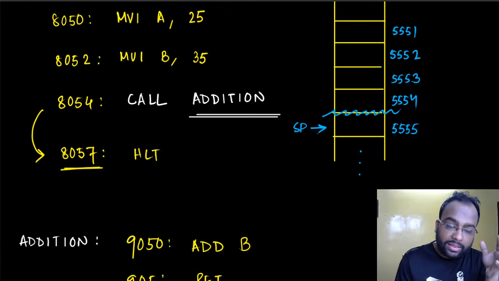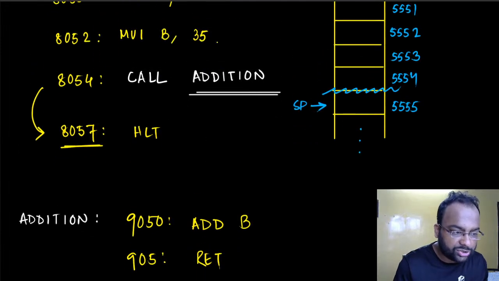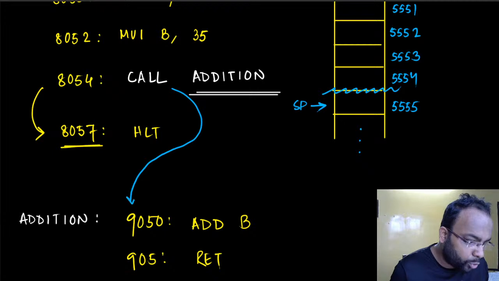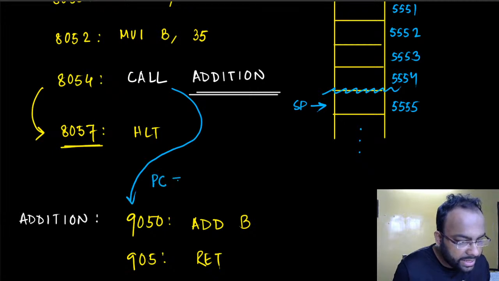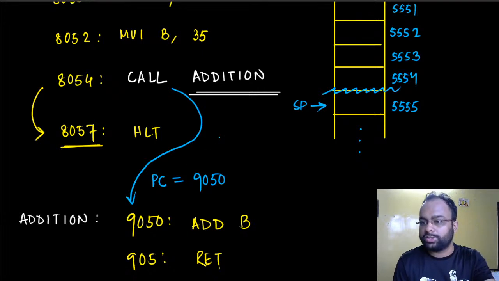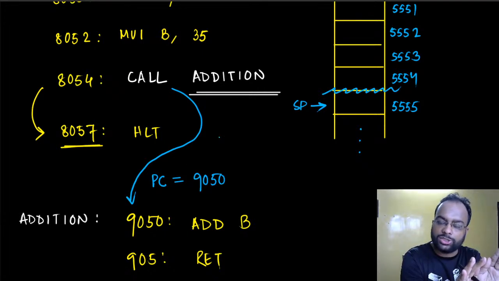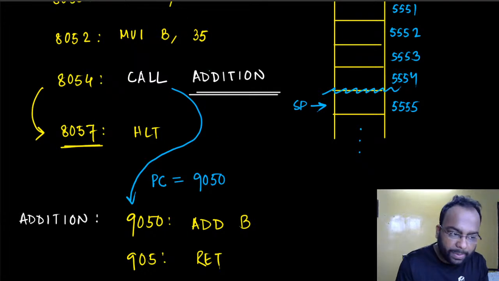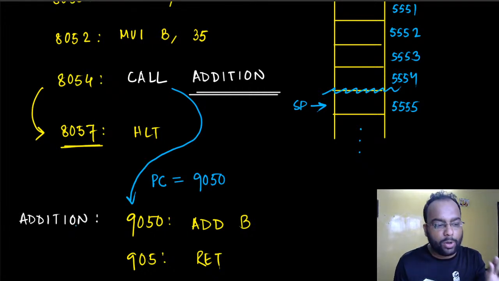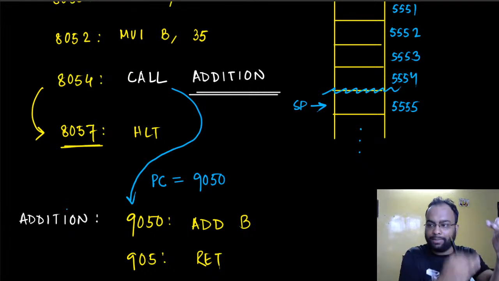And after I do the call instruction, what happens? The program counter is now set to 9050 by means of the call instruction. So this is the responsibility of the call instruction, to set the program counter to the memory address of this particular label. This is the subroutine, and the subroutine starts at memory location 9050, which is outside the main program.